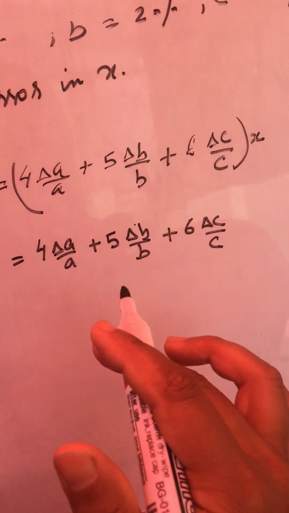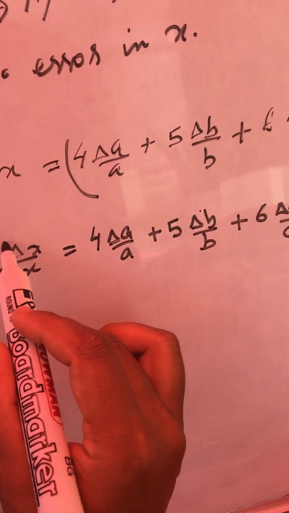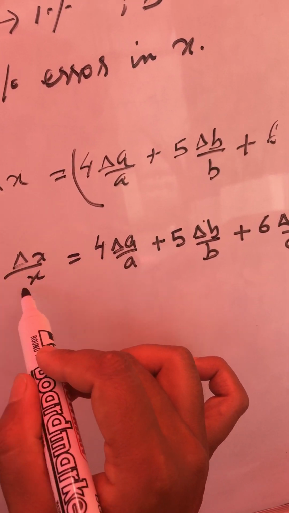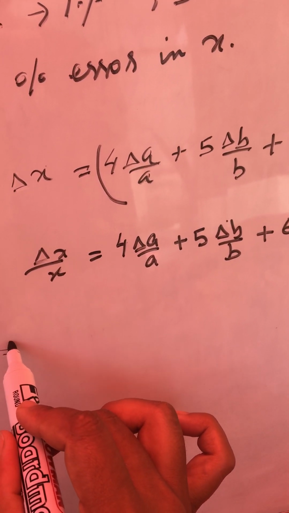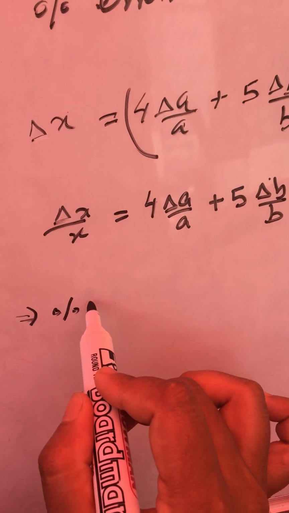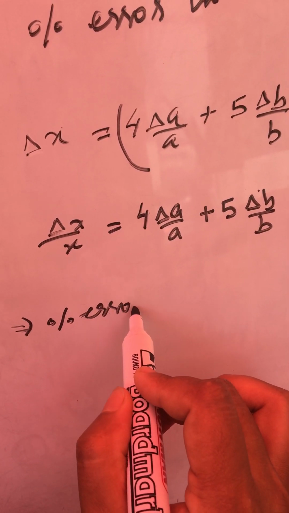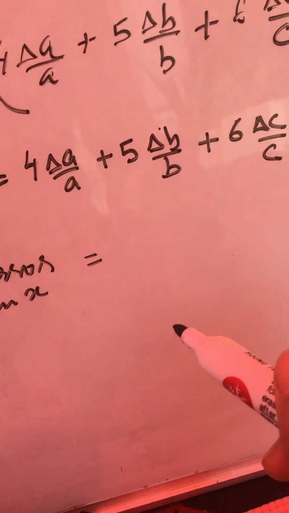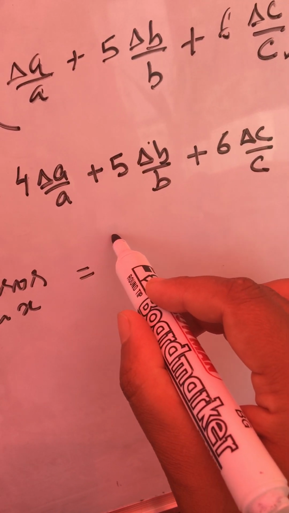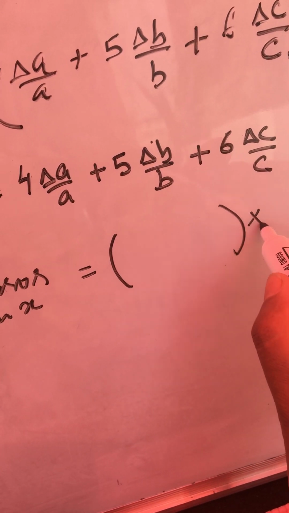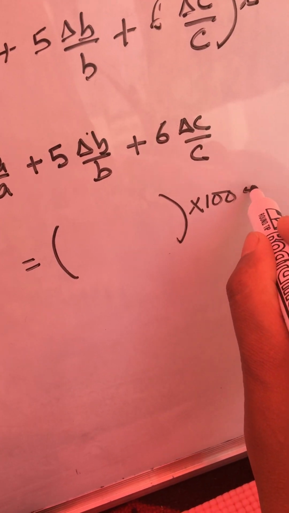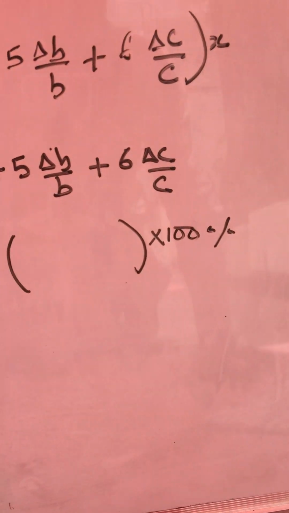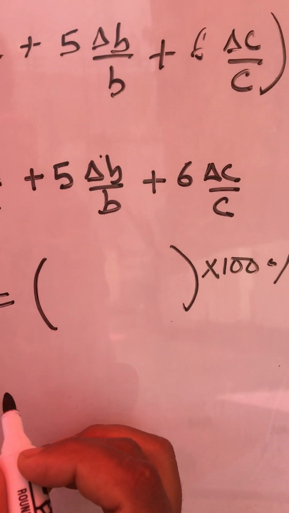Now, percentage is given, right? Then this is the relative error. In the relative error, when I multiply with 100, it will be given as a percentage. So the percentage error in x will be this quantity multiplied by 100%. Let us do it.